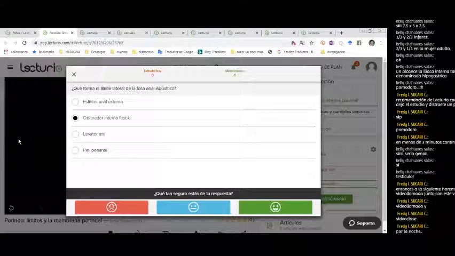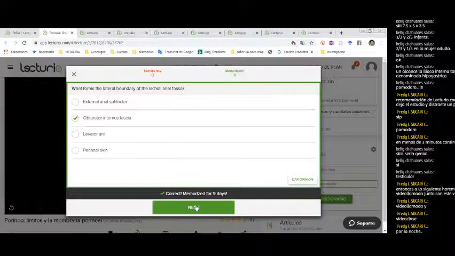Que está cerca del agujero ciático menor, foramen ciático menor. El elevador del ano no forma un límite lateral. El esfínter anal externo no forma un límite. El obturador interno. A ver. Ya.